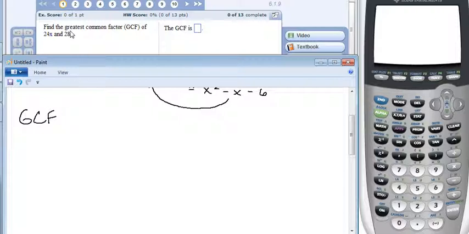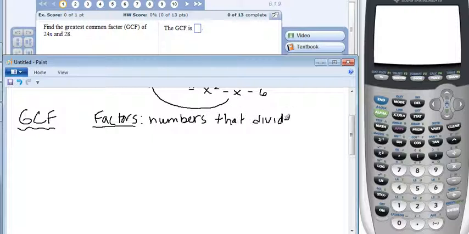Okay, as you can see up here, it stands for the greatest common factor. So let's talk about what a factor is. Factors are numbers that divide evenly, and that's the key word there, evenly, into other numbers. So that's what a factor is. Well, let's take a look.